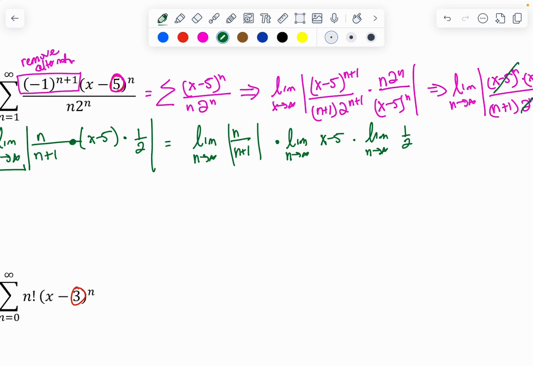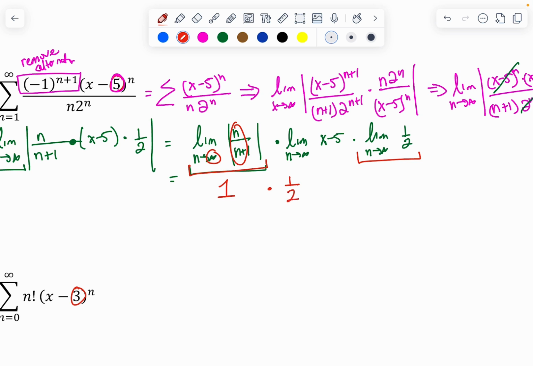So, mathematically speaking, when you plug in infinity, remember you care about the dominating terms, and that just ends up being n divided by n, so you end up with 1, times the limit as n approaches infinity of 1/2, which is just 1/2 because there's no n to plug infinity into.